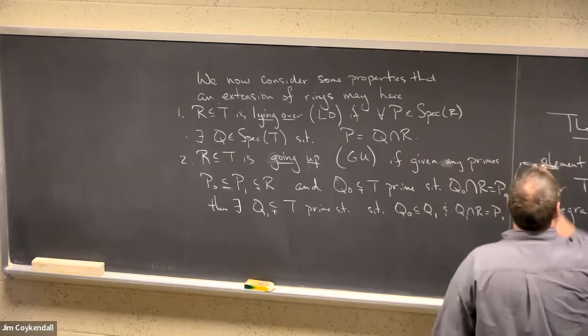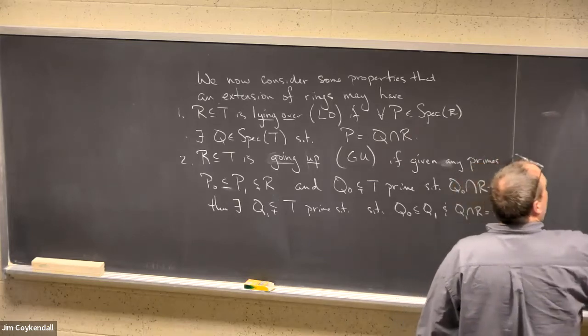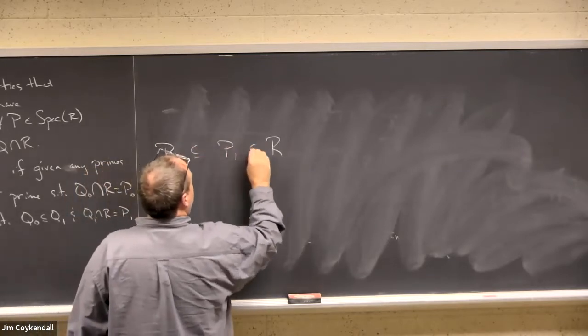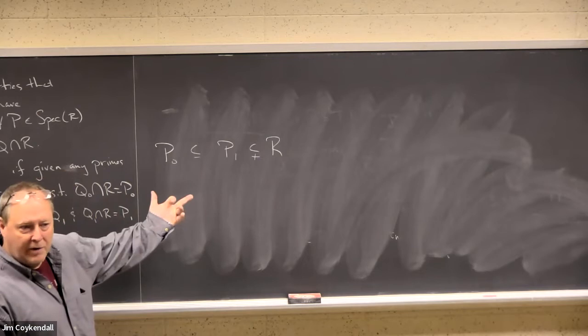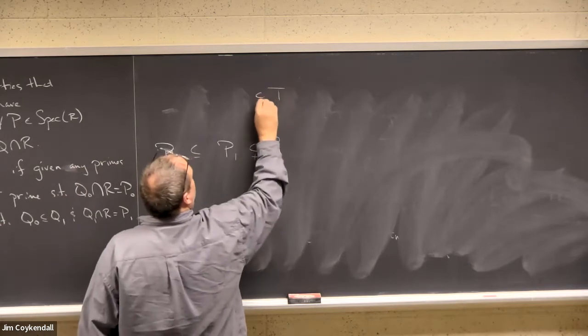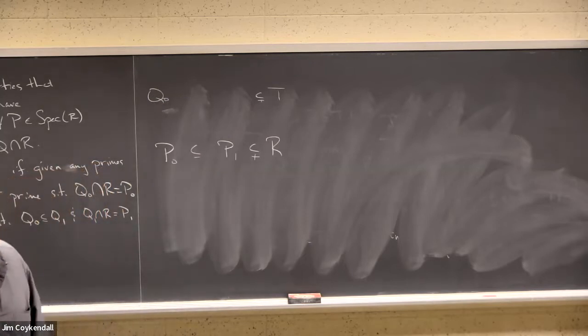I like to draw a diagram with going up and going down. So at the R level, this is going up. So here's your diagram. You've got some primes here, and you also happen to have a prime here at the T level, Q0, and Q0 contracts to P0.